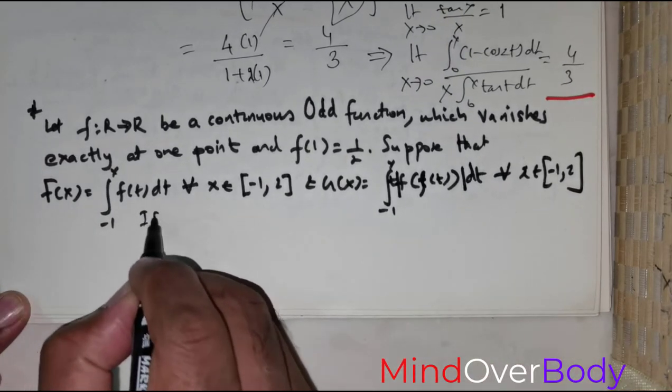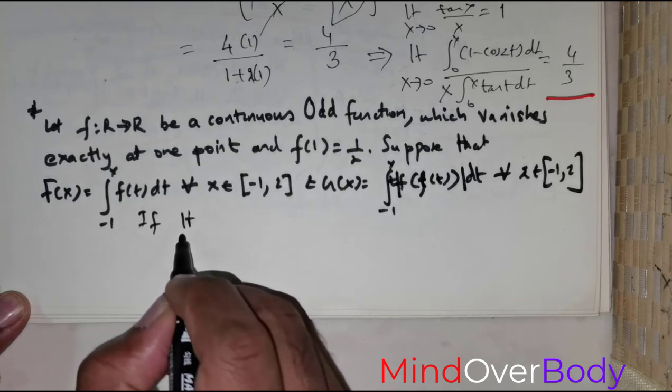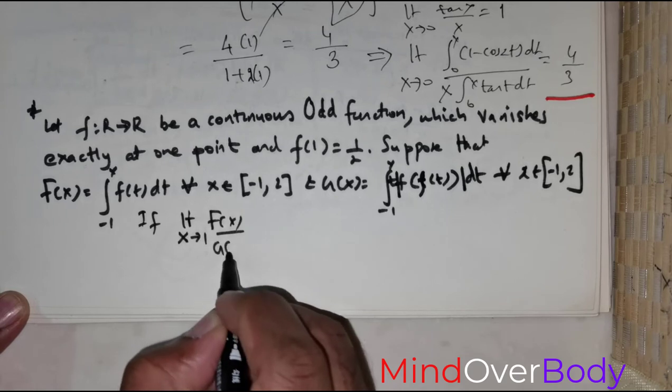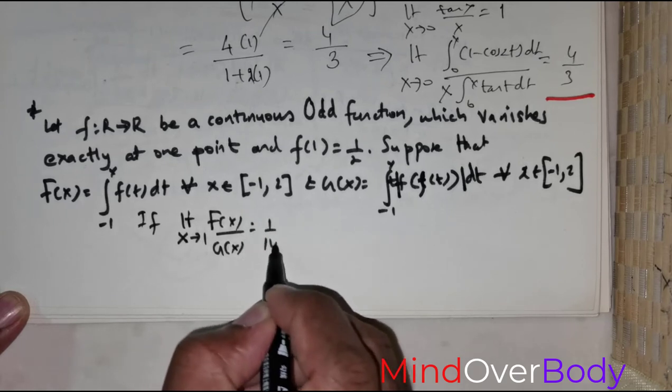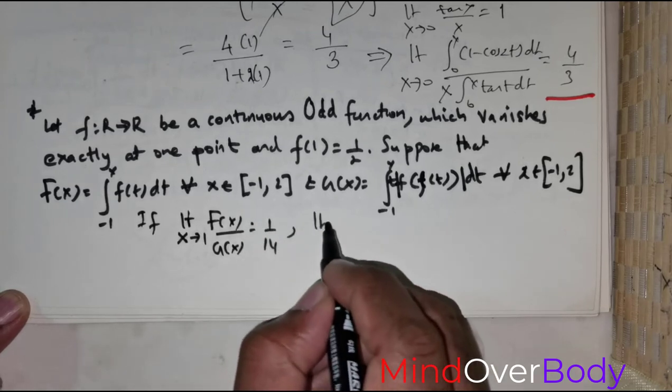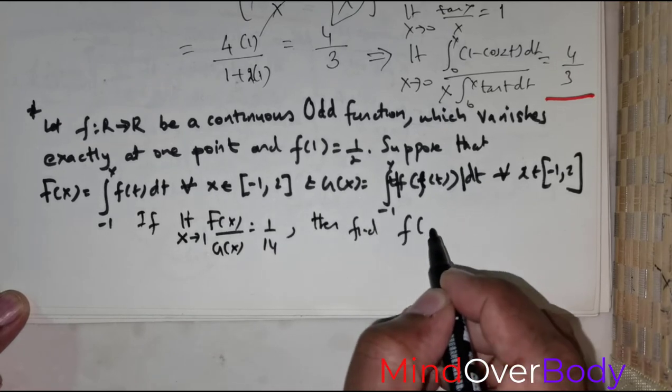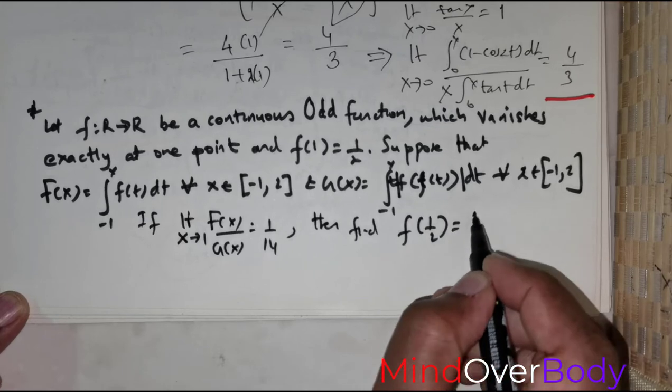If limit x tending to 1, capital F of x divided by g of x is equal to 1 over 14, then find the value of f of 1 over 2.